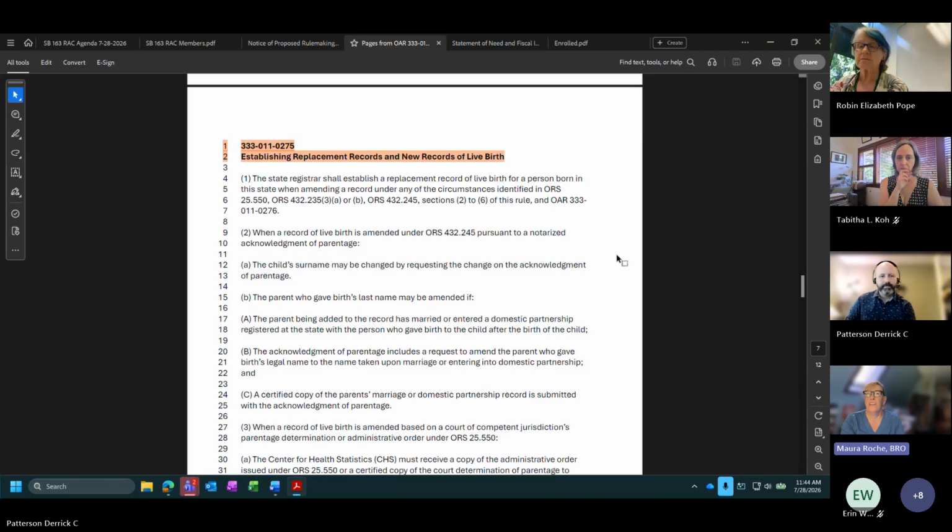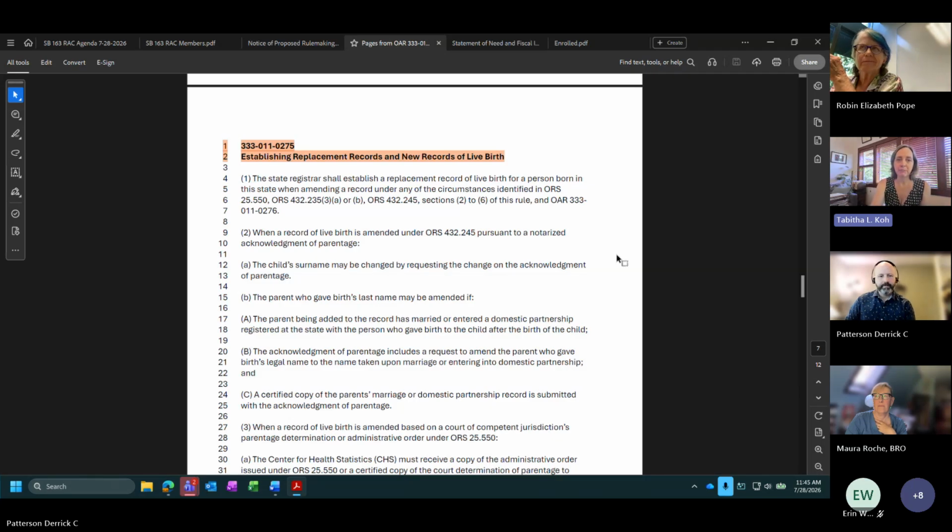Do you think an unregistered domestic partnership is a legally recognized relationship? Tabitha? So I think what we're getting at here is the fact that the parent's name would have been changed in the course of undertaking this legal transition, which would be marriage or registered domestic partnership.